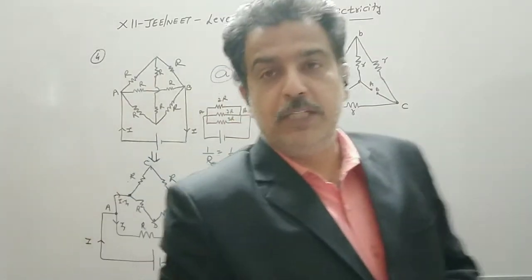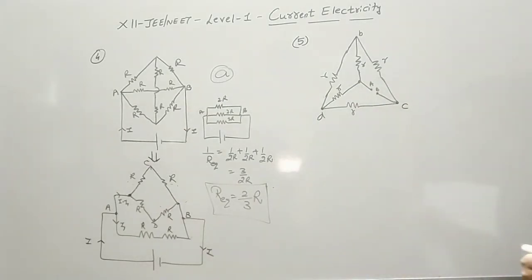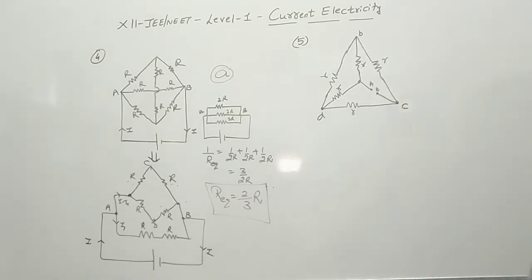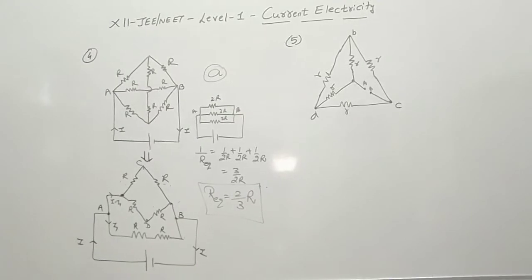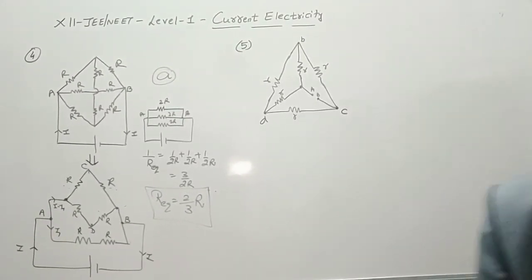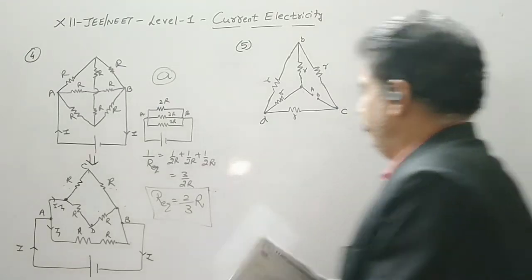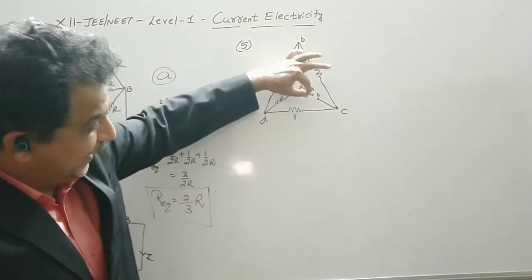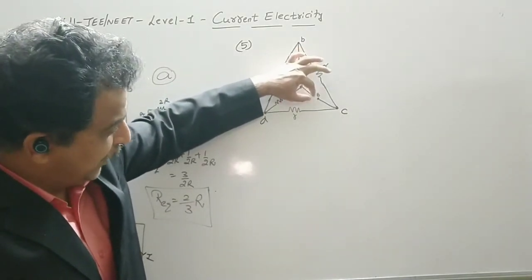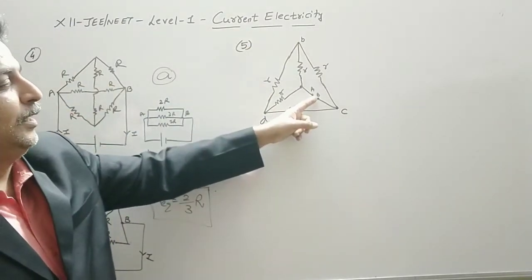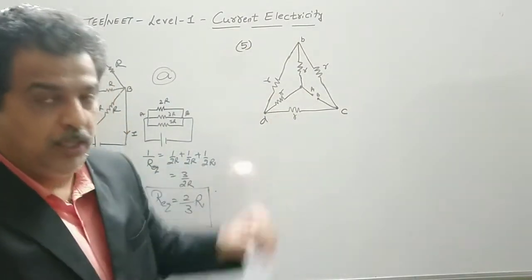Now we have MCQ number 5. Again we have to find the equivalent resistance between points A and B. Now we can think that point A is picked up from this and pulled outward, and point B is picked up and pulled outward.